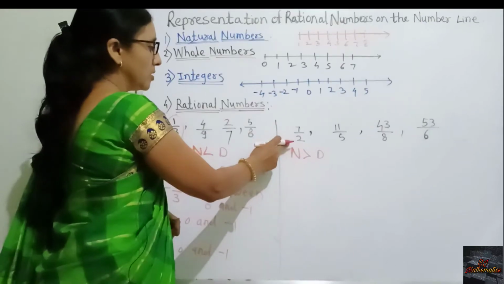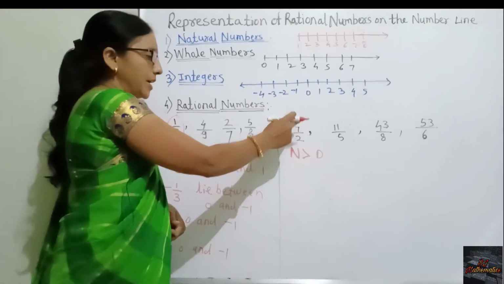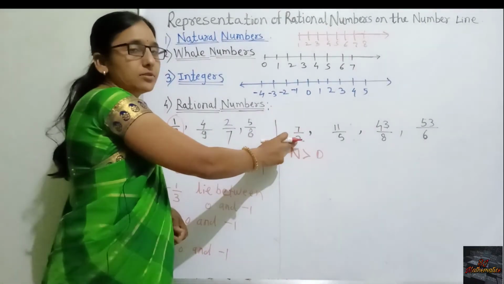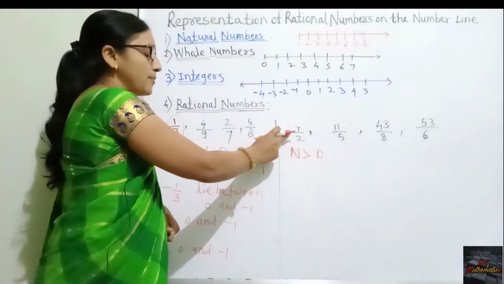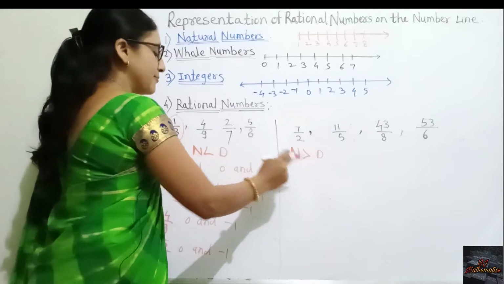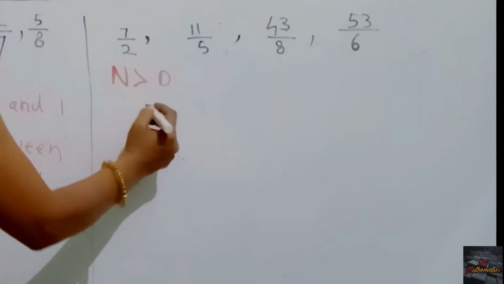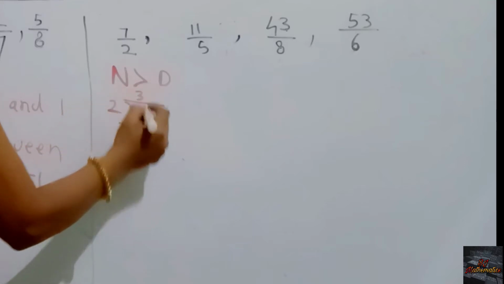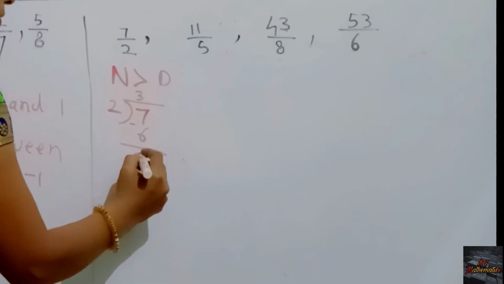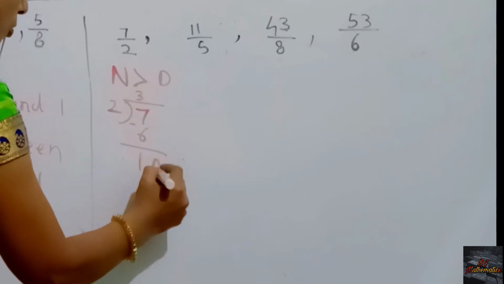Case number 2. If numerator is greater than denominator, then it is an improper fraction. Convert the improper fraction to a mixed fraction. 7 divided by 2. 2 3s are 6. Remainder is 1.